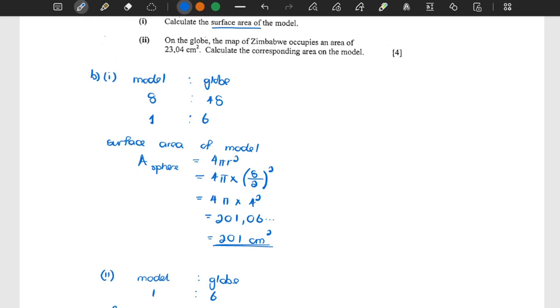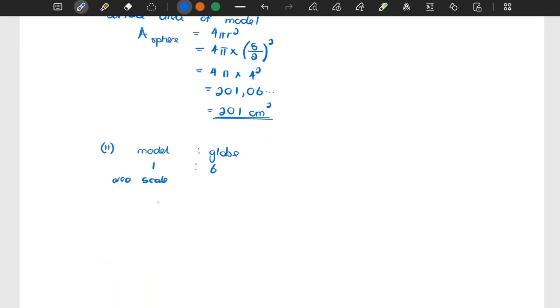But now we need to find the area scale. We square both sides such that we have 1 centimeter squared on the model will be representing 6 times 6, that's 36 centimeters squared on the globe.